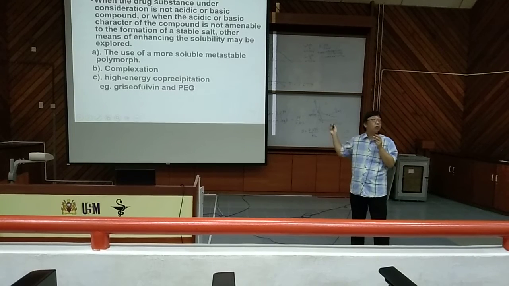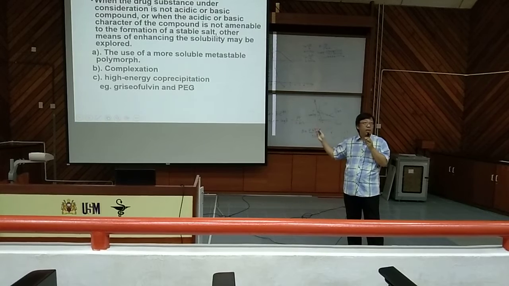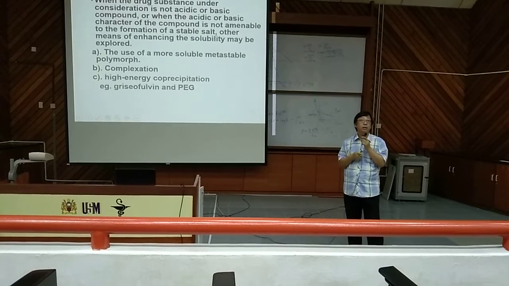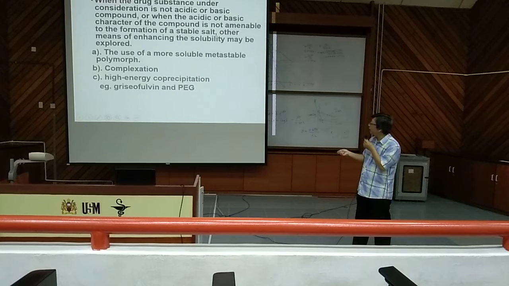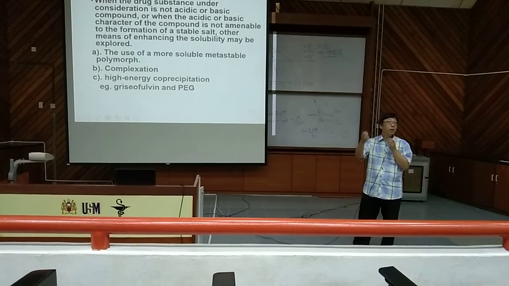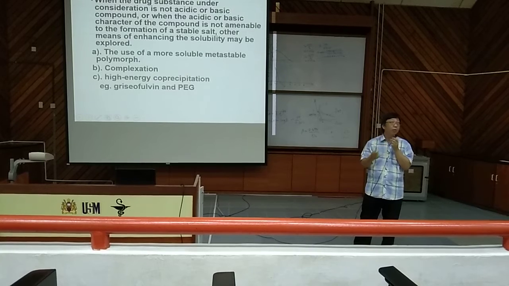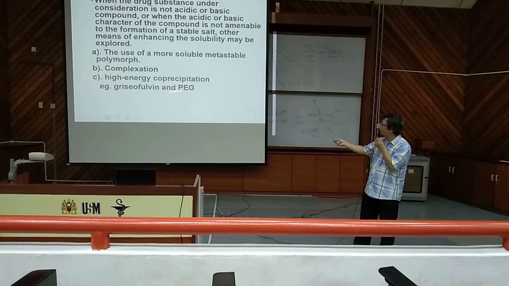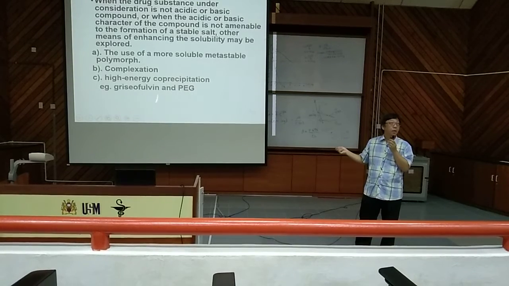You can go for complexation. Later I will show you one of the methods, a complexation method, that can improve the solubility. Then you can also go for co-precipitation. So how do you do it? You combine with a hydrophilic polymer, for example, griseofulvin, they use PEG.